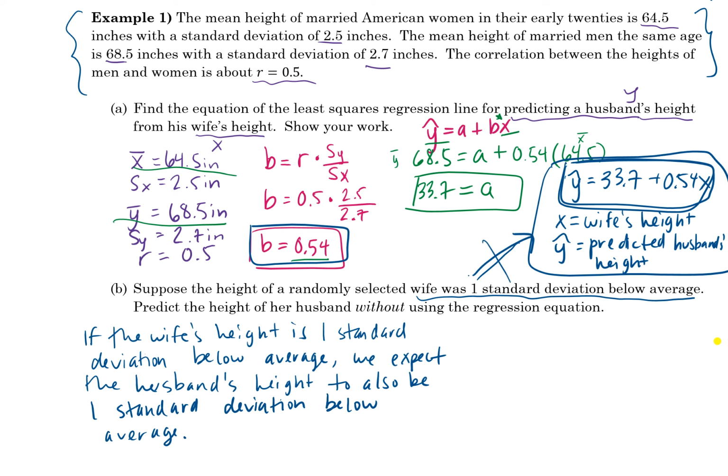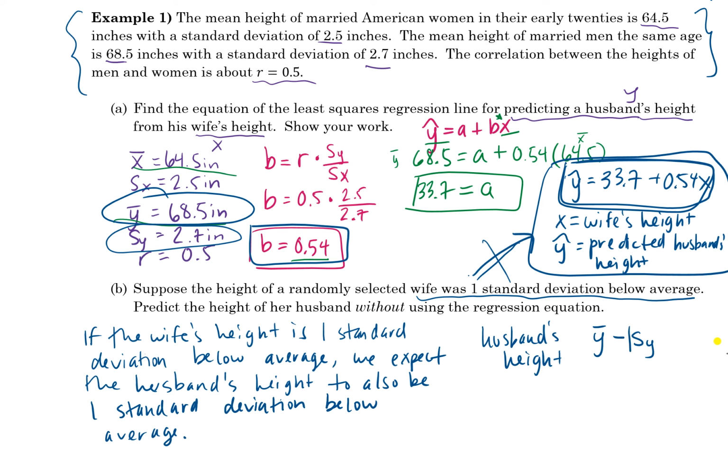Well, do we know that? Yes, we do. It's this guy. Do we know the standard deviation for a male, for the husband's heights? Yes, we do. So what we're assuming is this dude's height, so husband's height, we're assuming that it is 1 standard deviation below average.